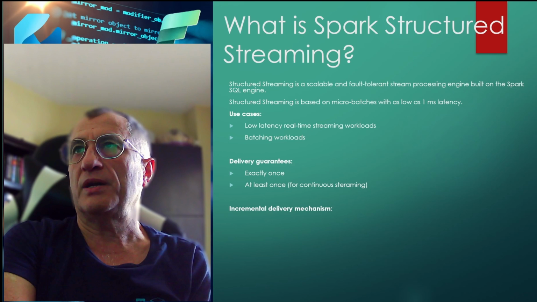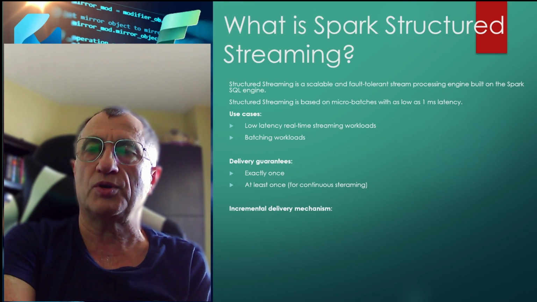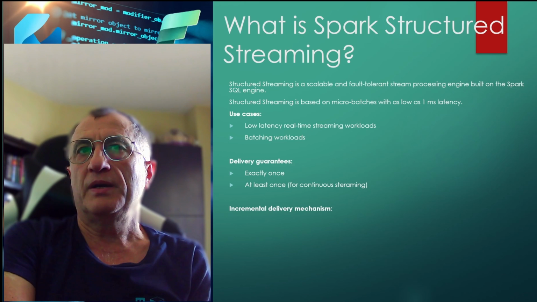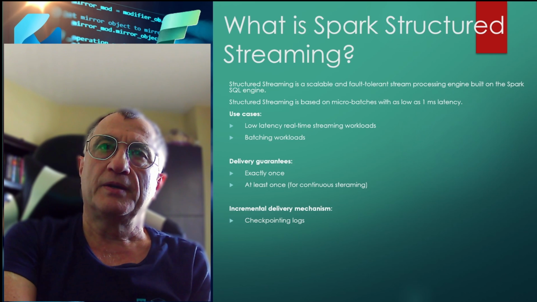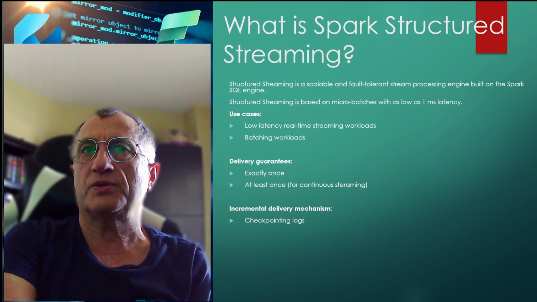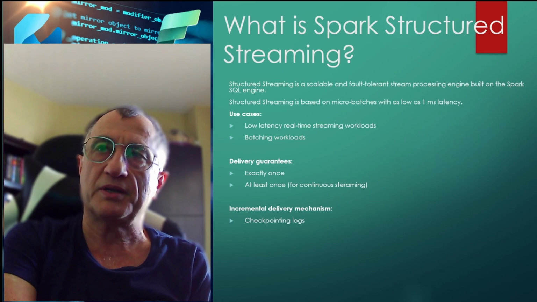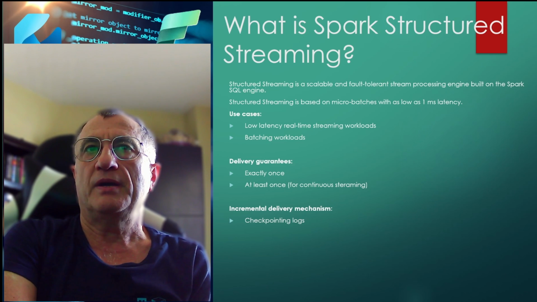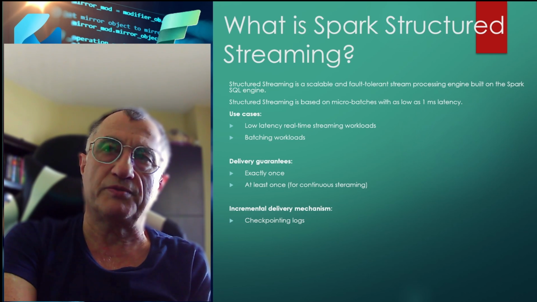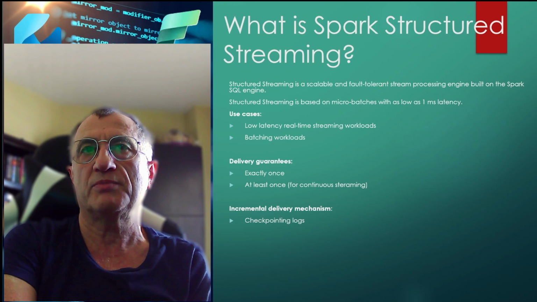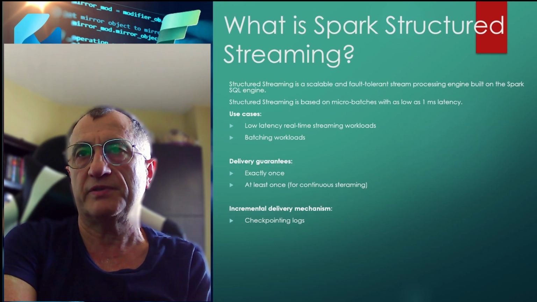As I mentioned earlier, Spark structured streaming employs a fault-tolerant processing mechanism, and the way it does it is using checkpoint logs. These are watermarking-based logs, and they ensure that if something happens in the middle of your stream, it resumes from wherever it left off.